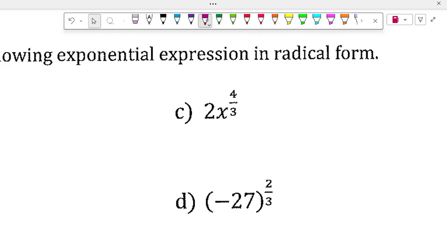The x. So 2 is going to be outside of your root. What type of root is it? It's a cube root, so I put the little 3. X is raised to what power? Good. So again, you just got to be careful of what that exponent is connecting to.